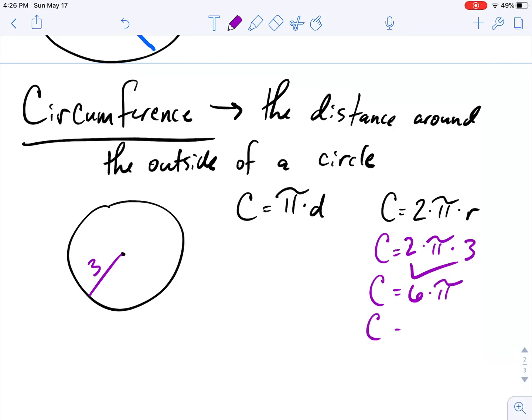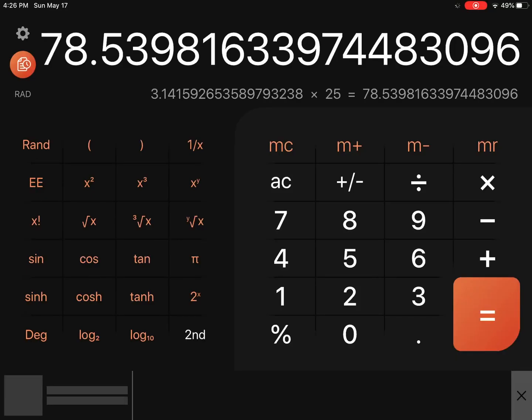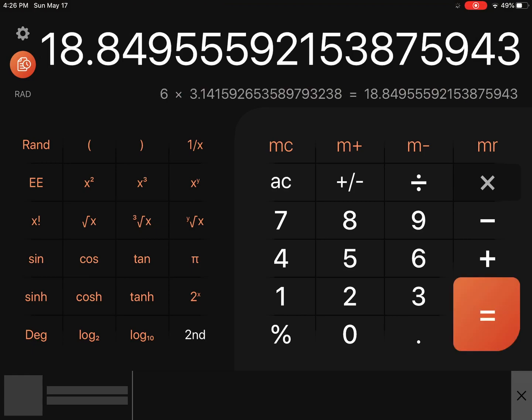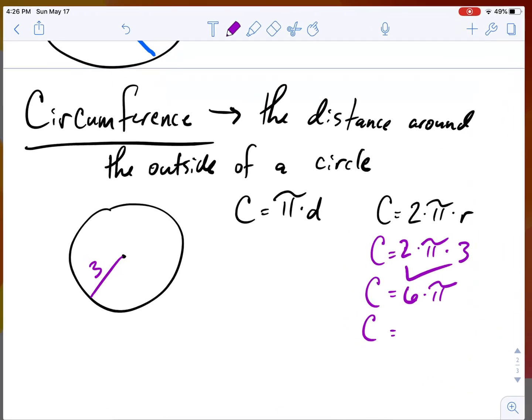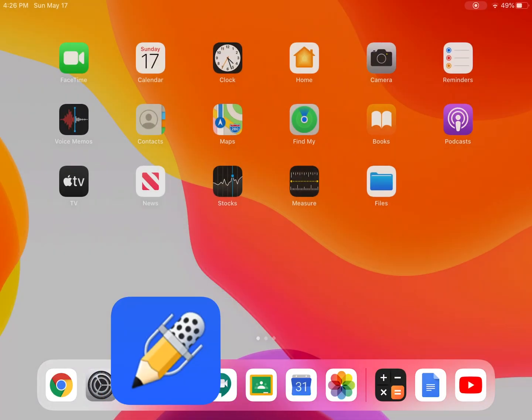And what you can do is go into your calculator and do 6 times pi. And that's your answer. Now you notice it's 18.849. Now if you don't have a pi button or you can't find the pi button on your calculator, you can always use the number 3.14. Okay, so this is 18.85.